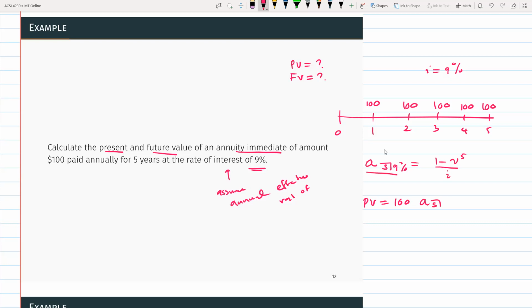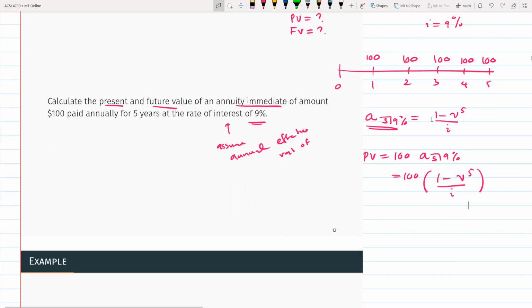Remember this symbol is for 1 unit. So I have $100 at the end of every year, so 100 times (1 minus v^5) over I. Later we will use the calculator, but right now I want to use the formula.